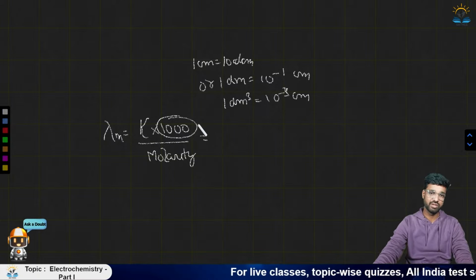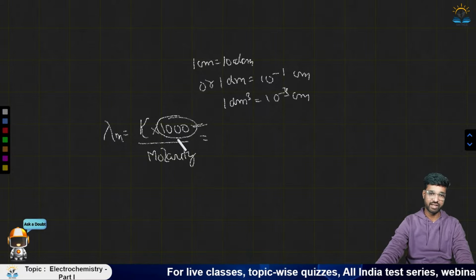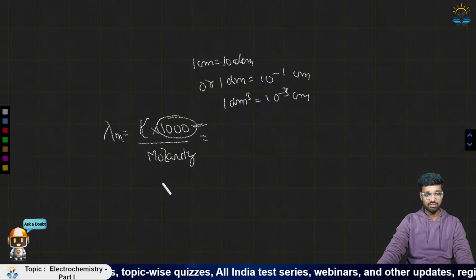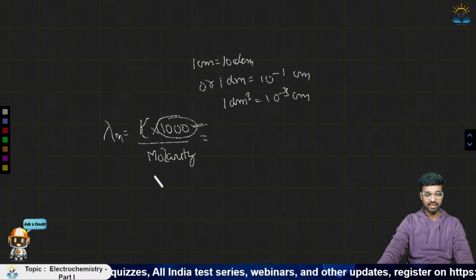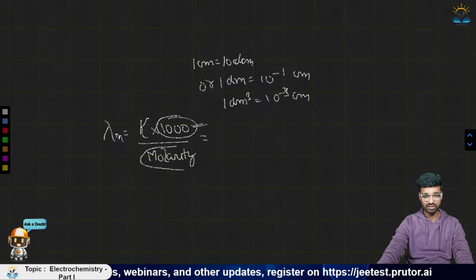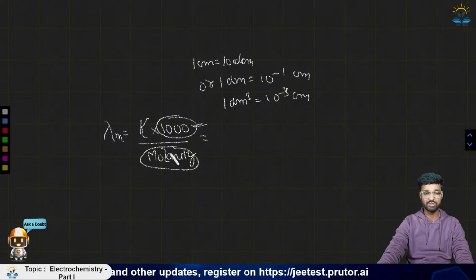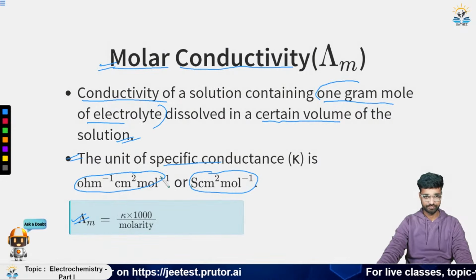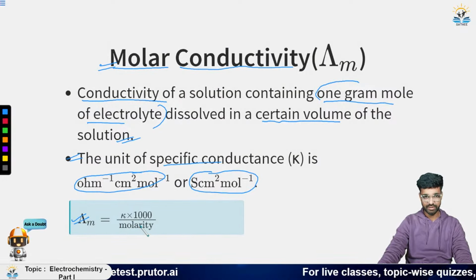So this same 1000 is factorized here. So it is kappa into 1000 by molarity. You can see very clearly that this is the conductivity of 1 molar of the substance, or you can say 1 gram mole of that substance.